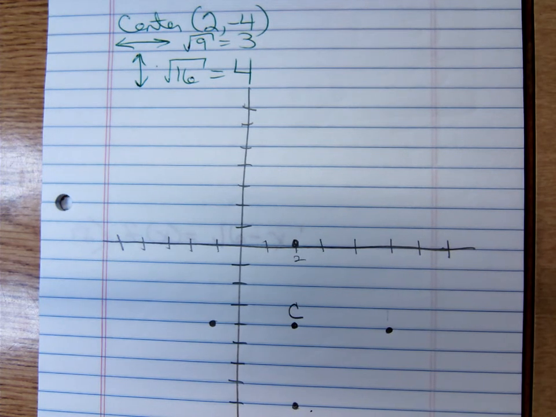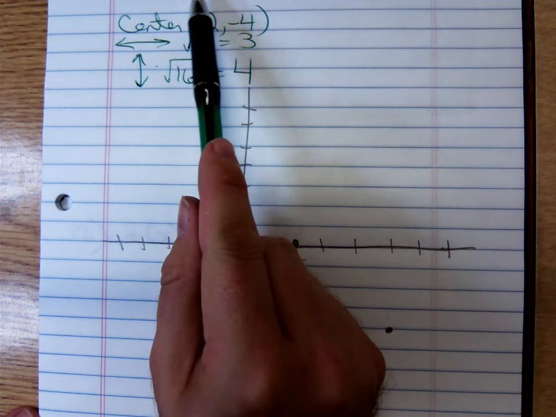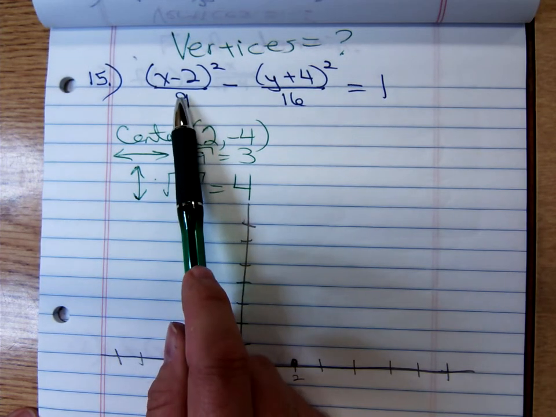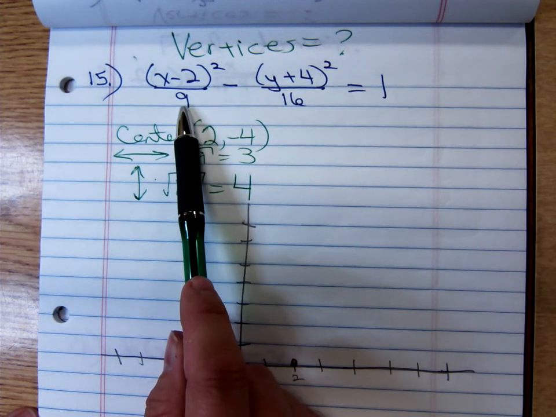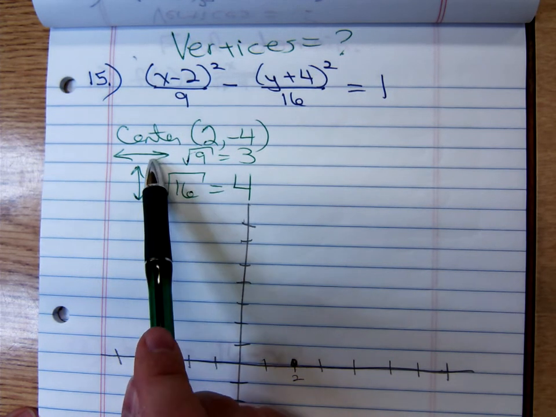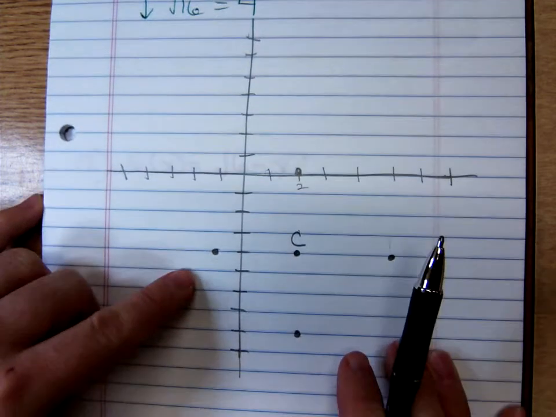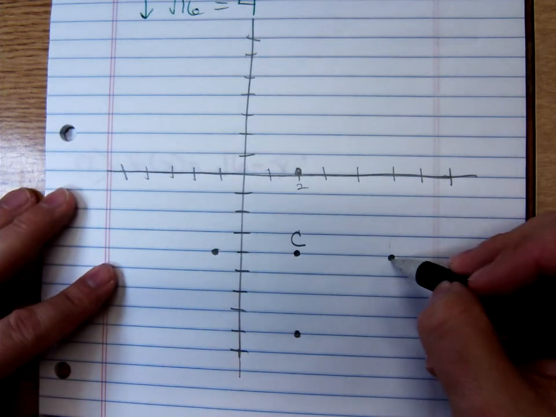Which points are my vertices? Okay, realize the fraction in front of the minus sign, where is it? There it is. It was the x one. Which points did we get when we moved the square root of 9 units? They were the left-right points. So the left-right points, graph's going to go like that.